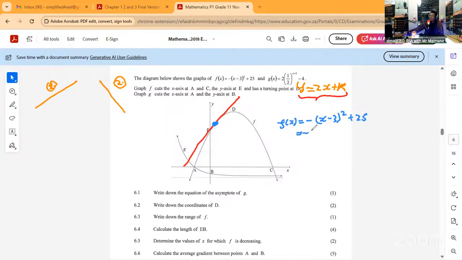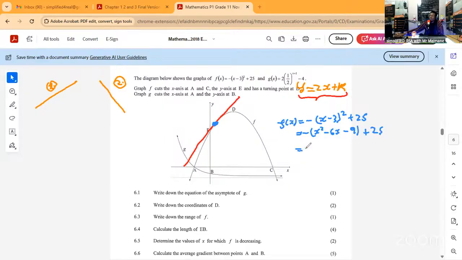This then becomes f of x is minus x squared minus 6x minus 9, sorry, I'm in a rush now, plus 25.